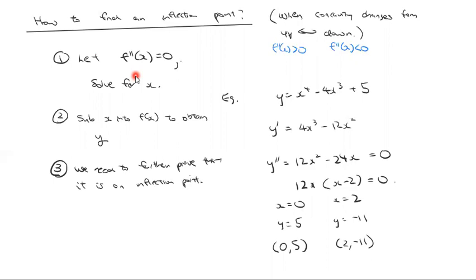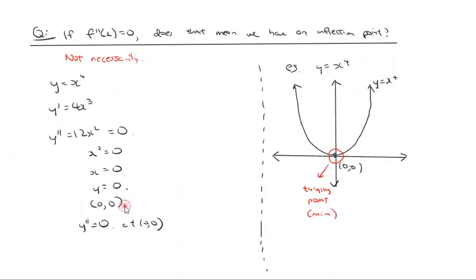Because potentially, however unlikely in SL, you might be in a situation where you've solved for the second derivative equal to 0, but it is not an inflection point. So there are further steps that you can take to check all your second derivative equals 0 points to see if it is actually an inflection point.